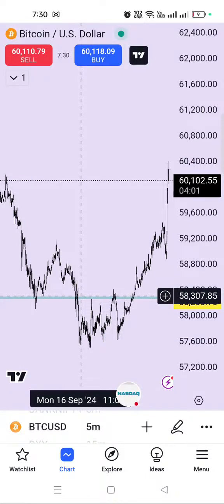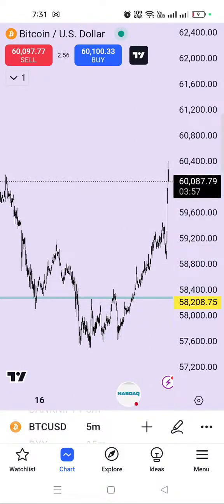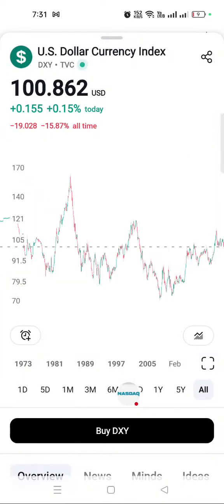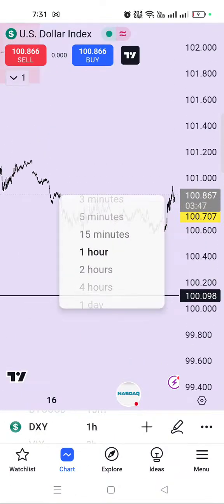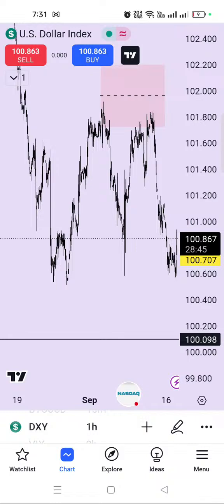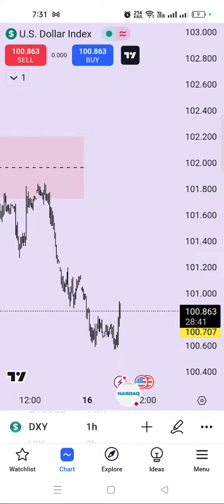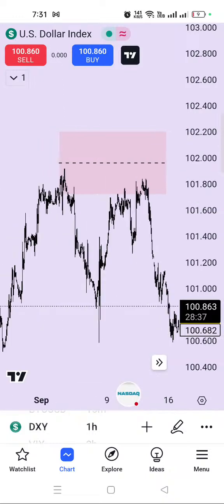So what, 58,000 to 60,000, what, 2,000 points on this. Do you use Telegram? Yes, I do, brother. Okay, so the next criteria, what was the criteria on US dollar? This was the criteria on the US dollar, right? Remember, I've given you this criteria for like a month or two before.